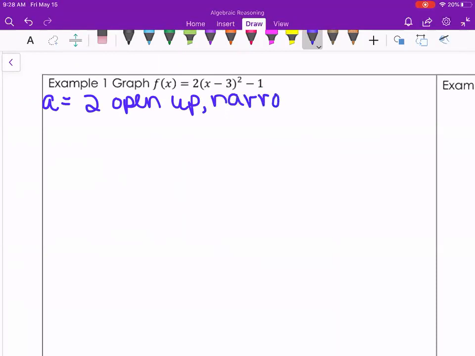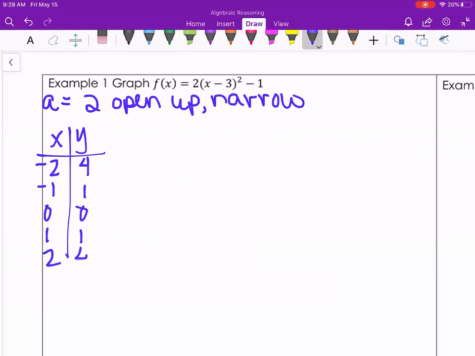So we're going to need to look at our original points here. So every parent function has similar starting points, and for the quadratic, these are the points that we looked at last week, which was -2, 4, -1, 1, 0, 0, 1, 1, and 2, 4.